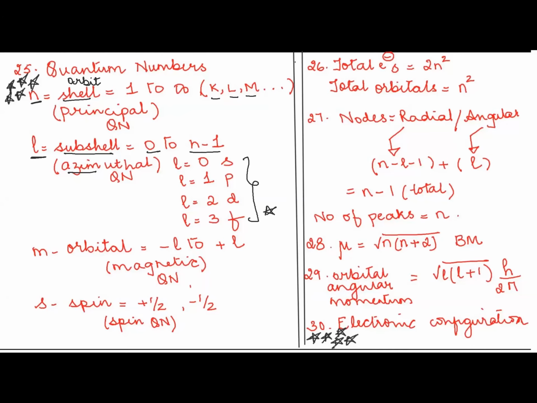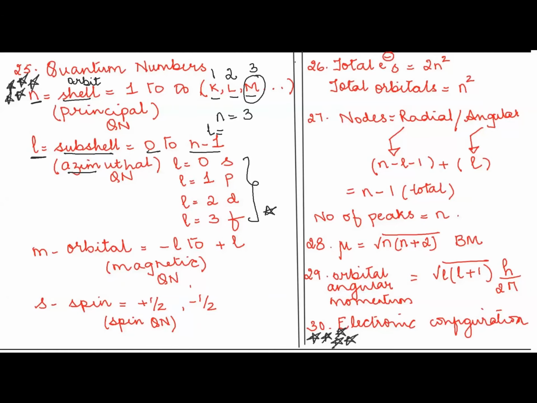Now, say for example, I have shell 3. Which is shell 3, children? M. This is my first shell, this is my second shell, this is my third shell. So meaning N equal to 3. Can you tell me what are the values of L now? What we should do? 0 to n minus 1. Everything we should write. We should not only say 2.